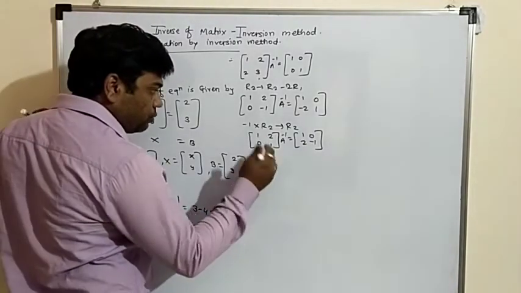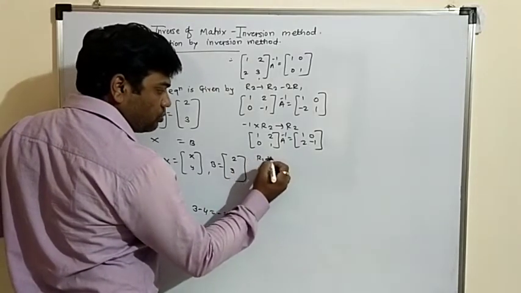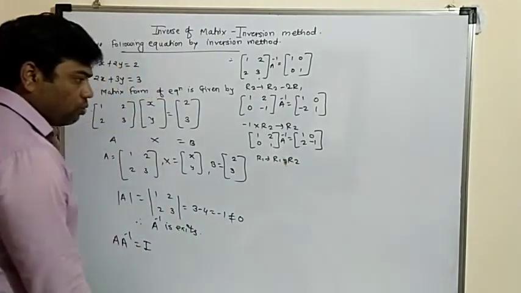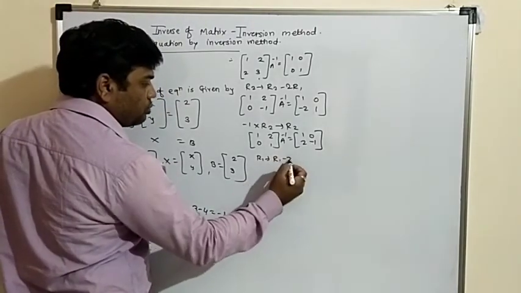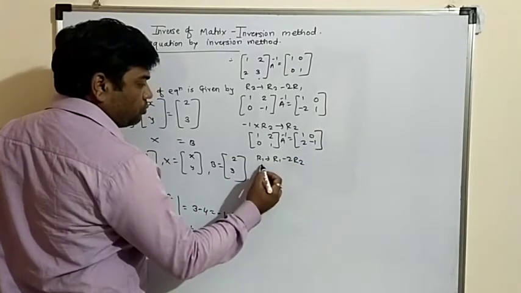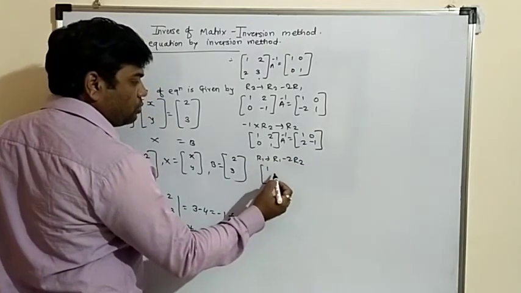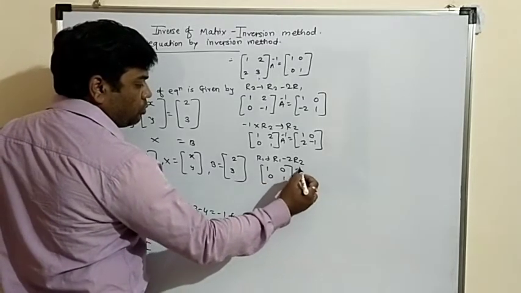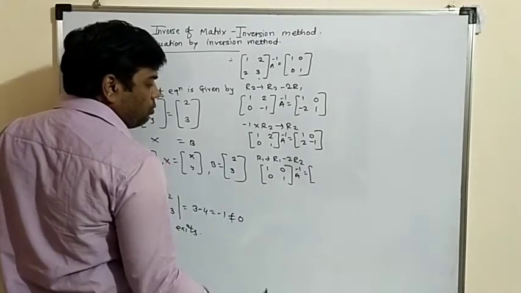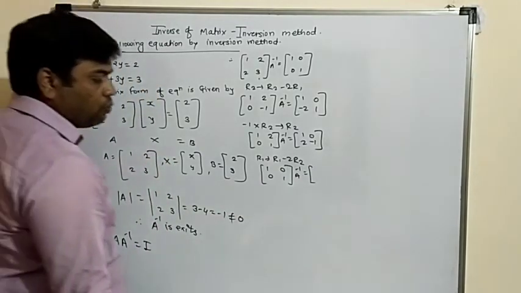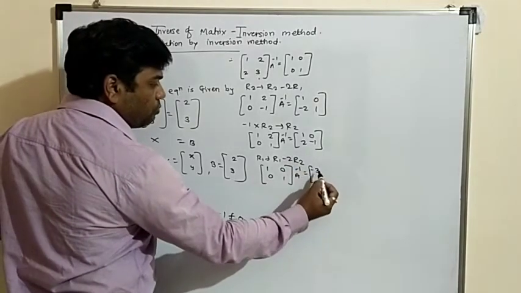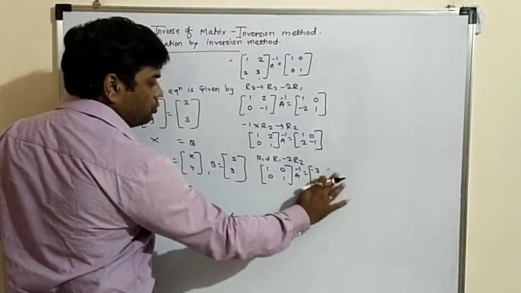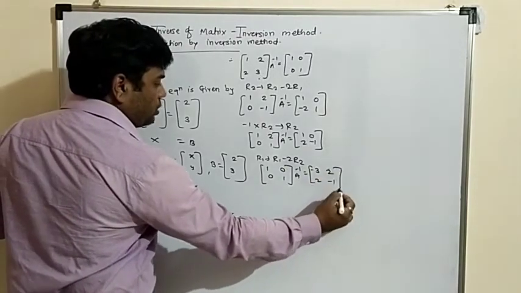How can we make 0 here? R1 tends to R1 minus 2 R2. So this is 1, 0, 0, 1 and A inverse: 1 minus 2 times 2 is minus 3, 0 minus minus 2 is plus 2, then 2, minus 1.